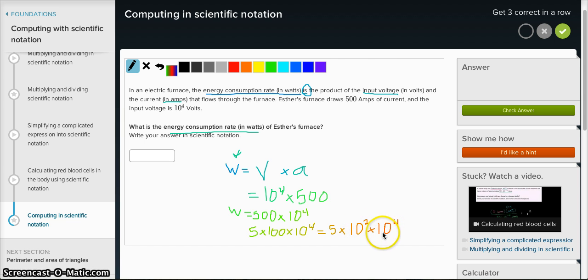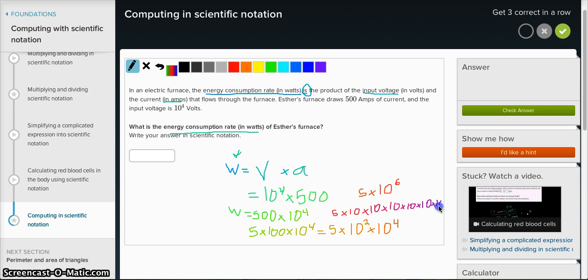Now remember, when you have the same number to different exponents, you can add the exponents together. So this would be equal to 5 times 10 to the 6th. The reason why you can add that is because, look, 10 squared would just be 5 times 10 times 10. And you're multiplying it by 10 to the 4th. That's just times 10 4 times. Times 10 times 10 times 10.